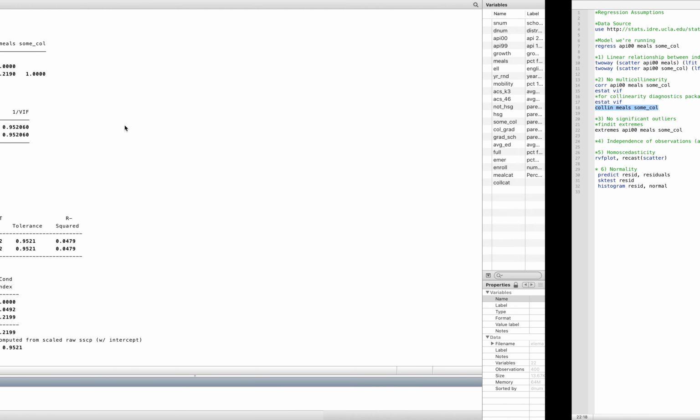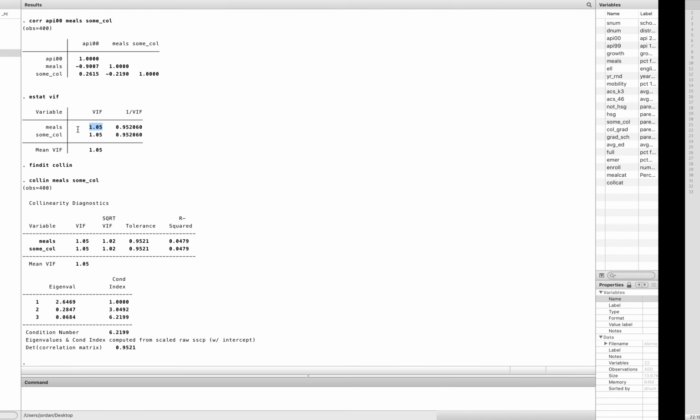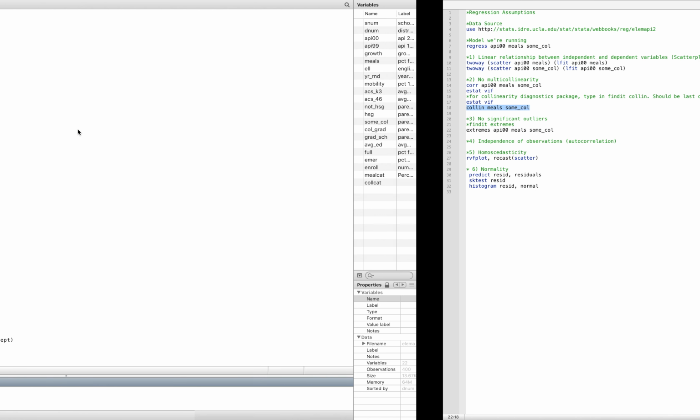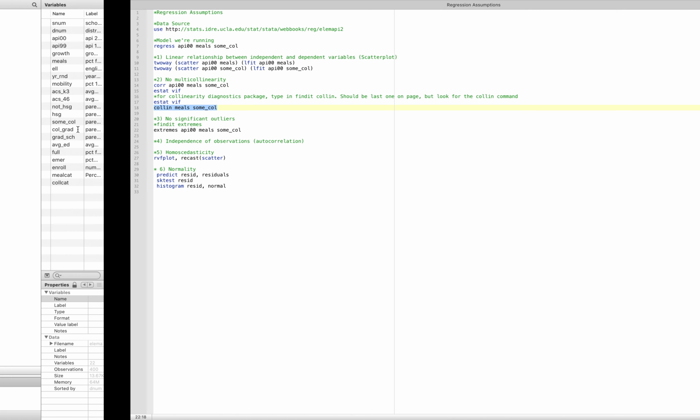Click out of here. The third assumption of regression is no significant outliers. Outliers can very much throw off your model.